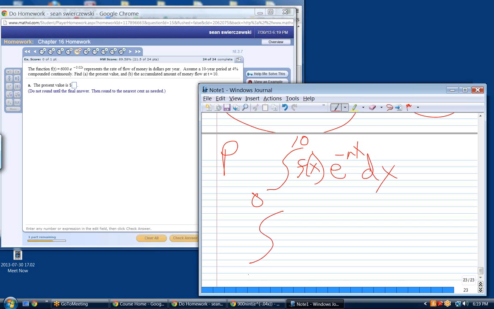So that is from 0 to 10 of 6,000 e to the minus 0.02x times e to the minus 0.04x dx.